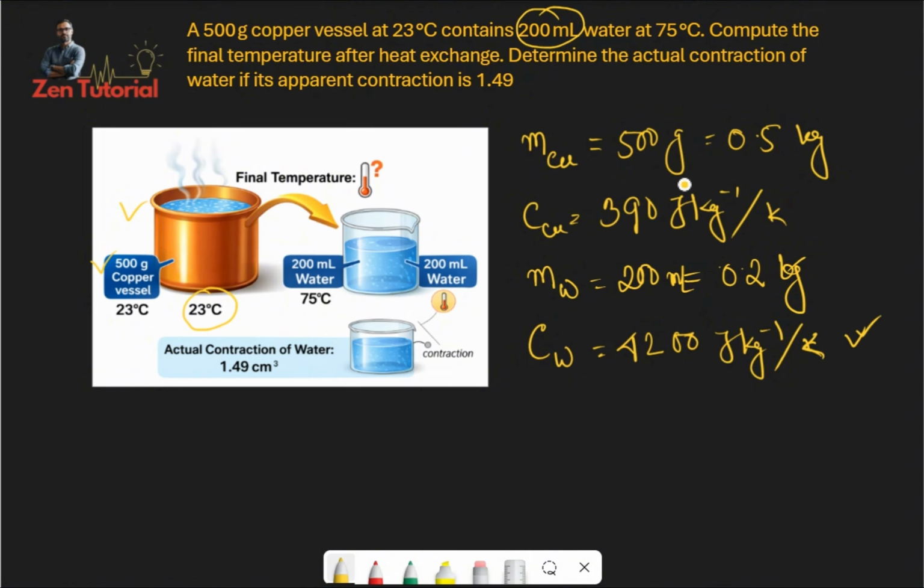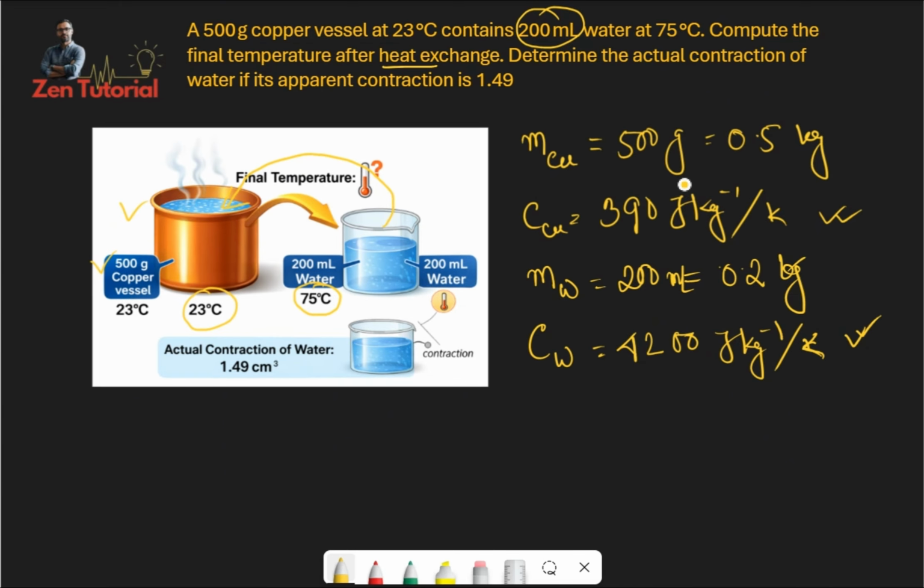So these two values have to be given in the question. The temperature of the water is 75 degrees Celsius, that is also given in the question. What we have to calculate in the very first part of the question is the final temperature of heat exchange.